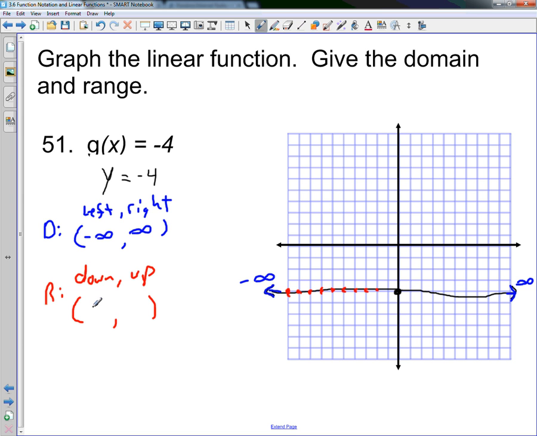So I end up not having a region for this one. I just have one value for my range, and that one value is -4. So the range is just -4 for this one. And notice that it should be -4, sorry, since we're down 4.